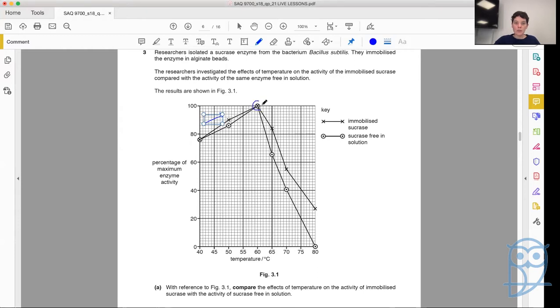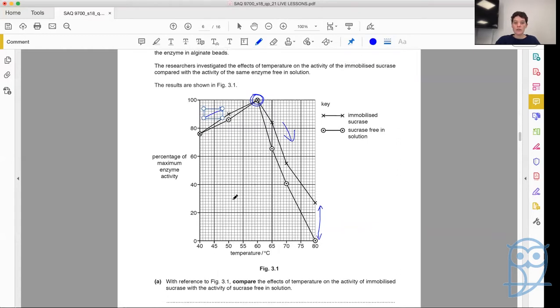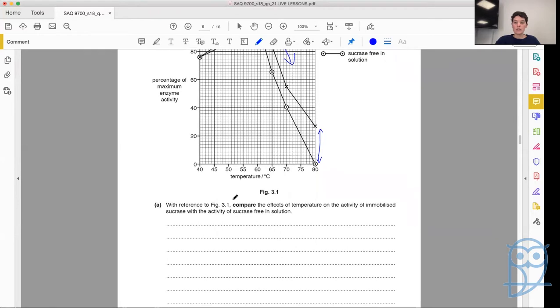We have 100% at the same point for both types of enzyme, and then they go down, but they go down with a gap here at the end. They are not the same. So they're not as similar at high temperatures as they are at the lower temperatures. Keeping that all in mind, moving on to the question.